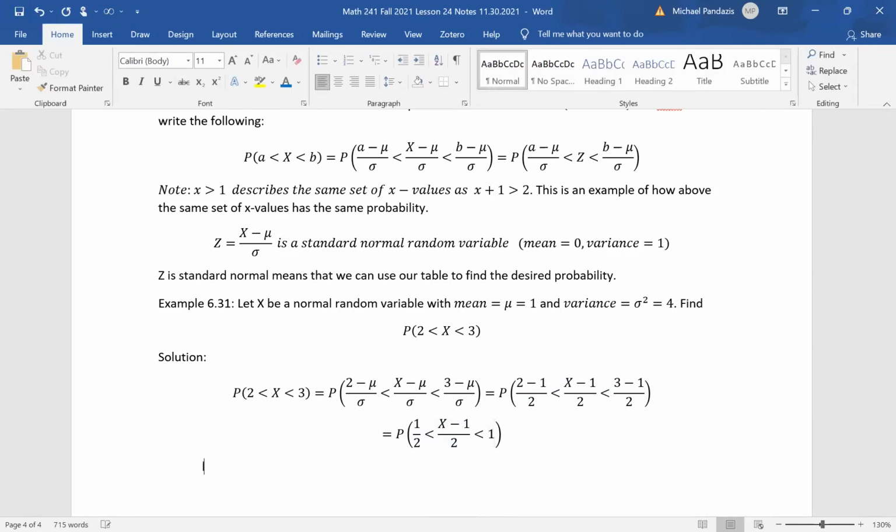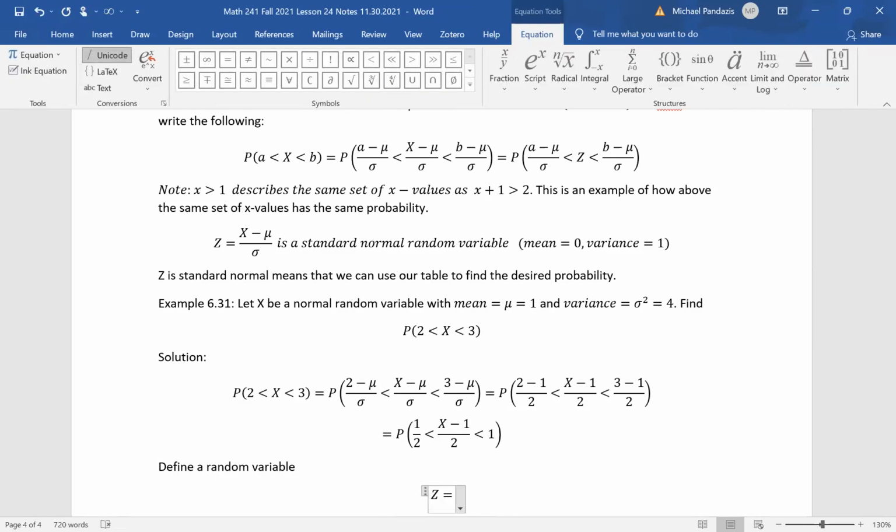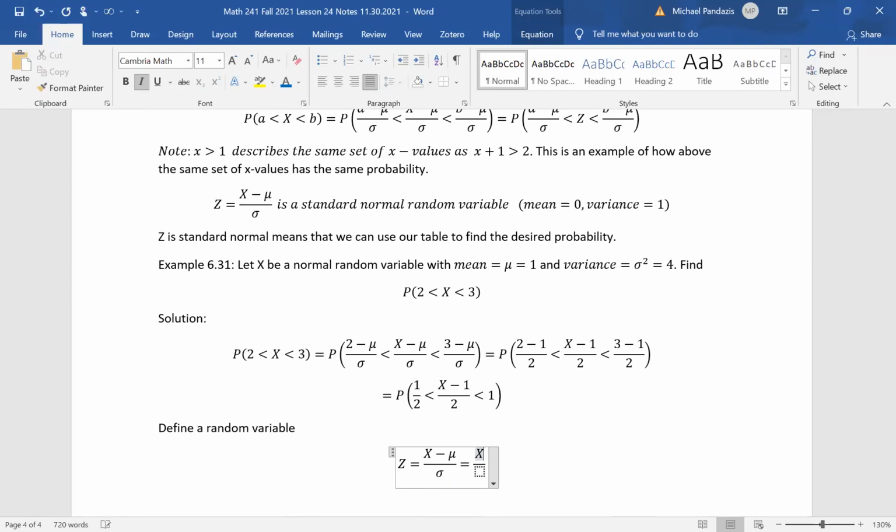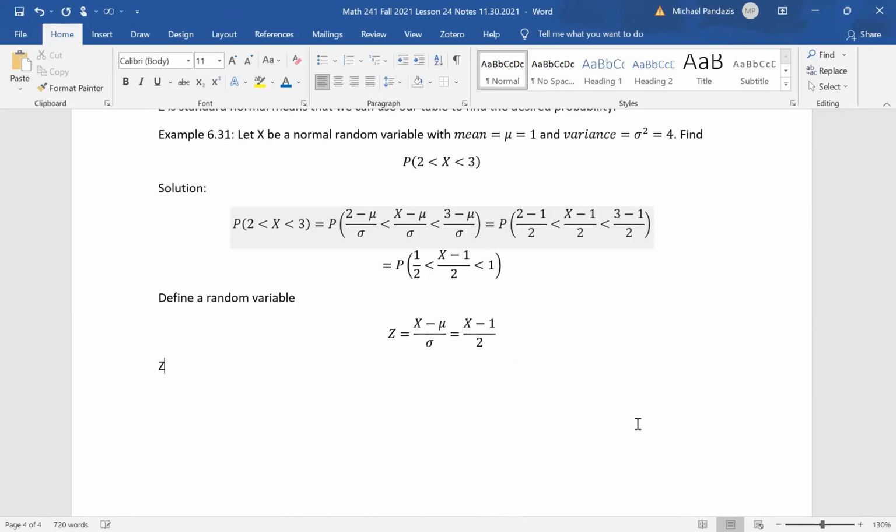All right, so let's define a random variable z equal to x minus mu over sigma, which in this problem is x minus 1 divided by 2. Okay, and so z is standard normal, right?